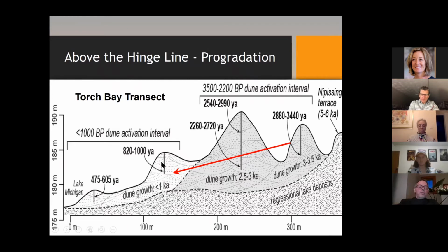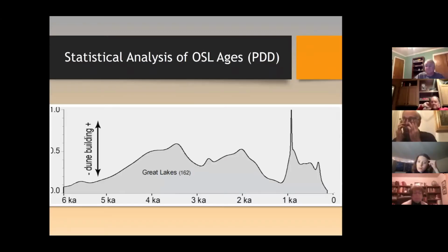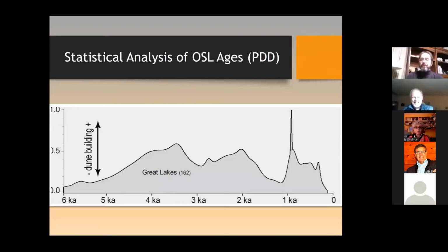This most recent dune is between 1,000 and 720 years ago or something like that. So in the southern part of the basin, the dunes are growing up. In the northern part of the basin, they tend to grow towards the lake because fresh land is growing upward because of uplift.